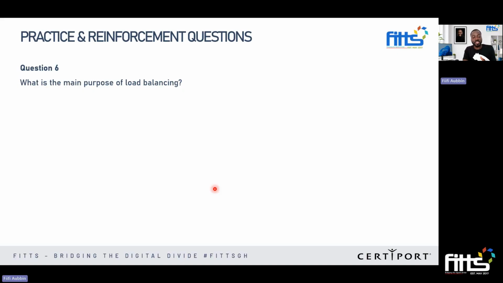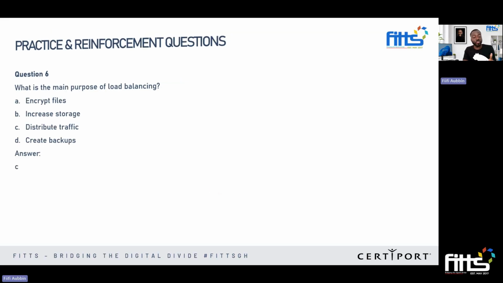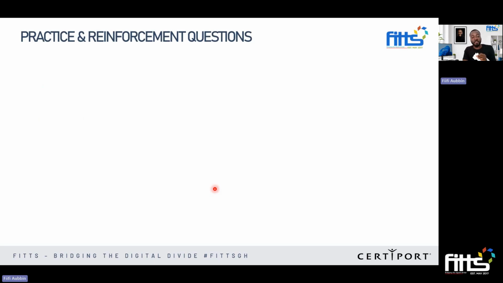Then question number 6, what is the main purpose of load balancing? To encrypt files, increase storage, distribute traffic, create backups. So the obvious answer here is C, which is distribute traffic. Then we have question number 7, a true or false. Resources in Azure can communicate without networking services.